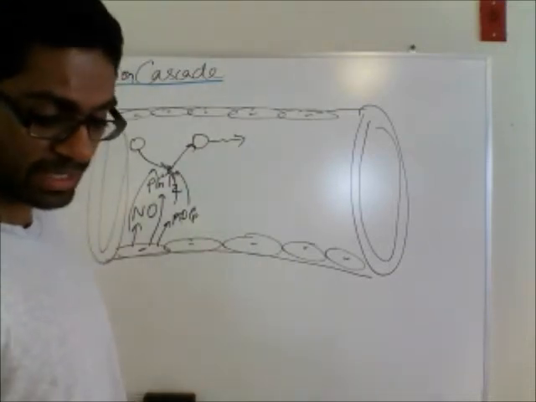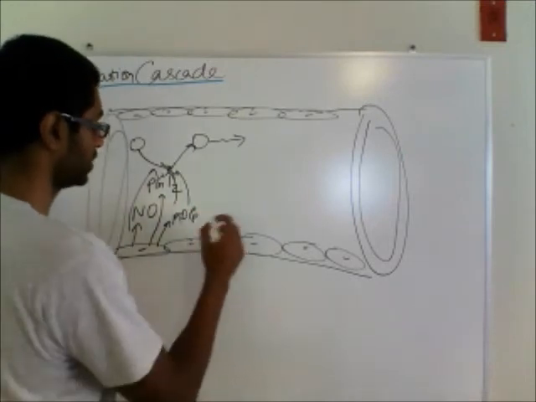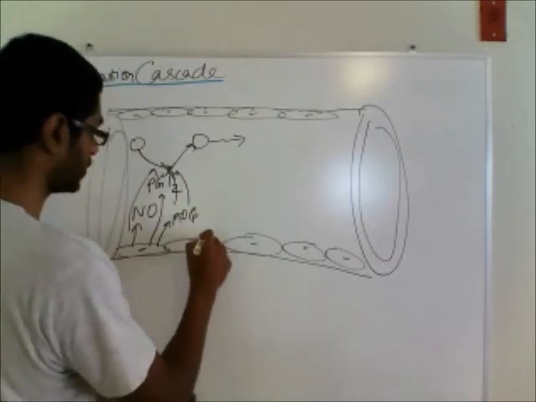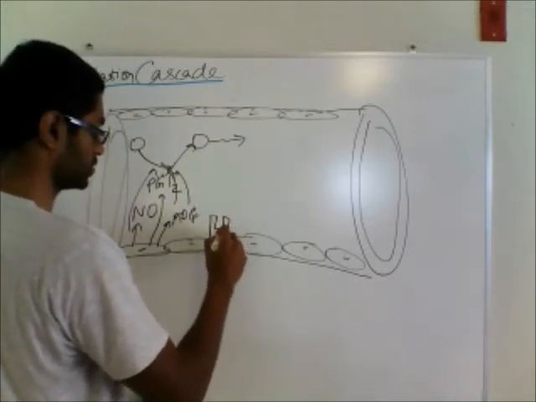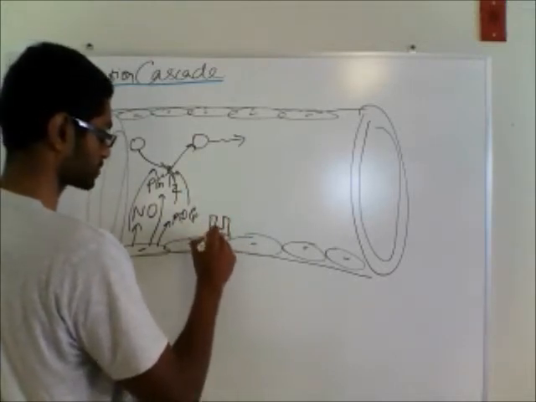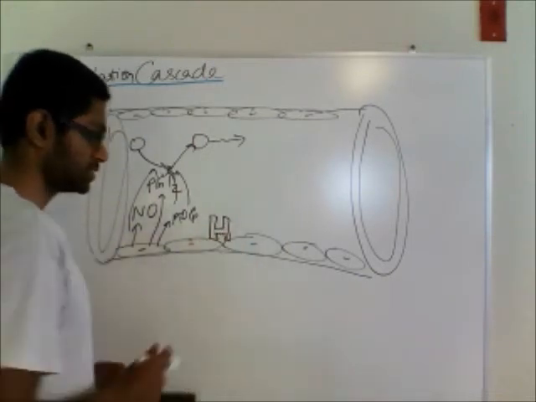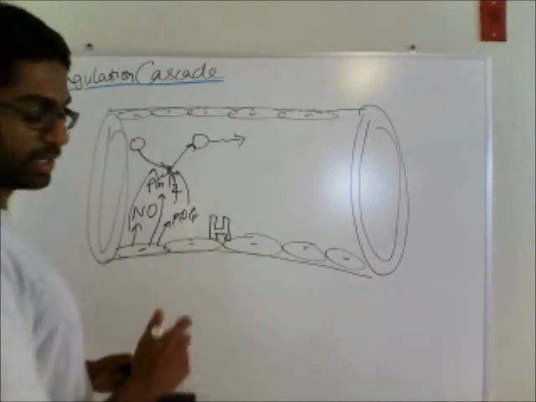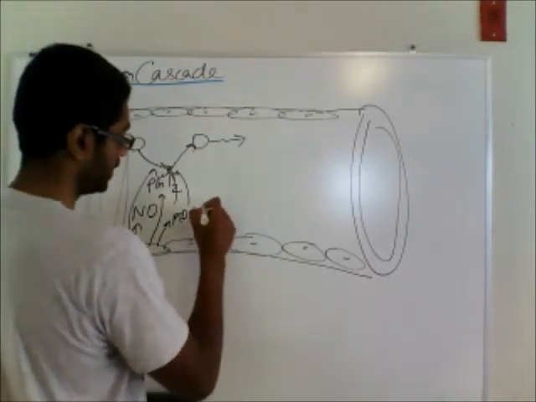Okay, that's one thing. The next thing everyone's going to hear about is heparin sulfate. I'm just going to draw an H here, situated right on the endothelial cell, and it has what's called antithrombin.